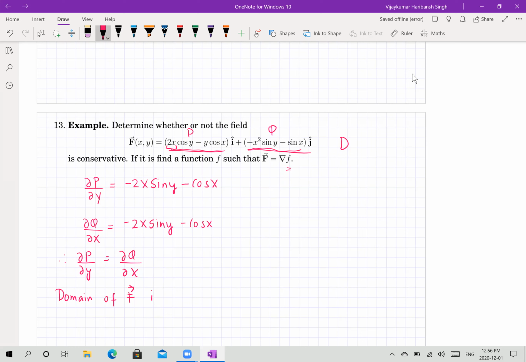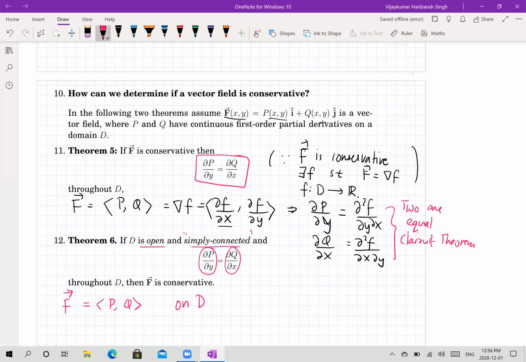So the domain of F is R², which is open and simply connected. Here in the theorem, when I wrote it, we mean the domain D is open and simply connected. And when we have ∂P/∂y equals ∂Q/∂x, then F is conservative. So the simply connected part is important.